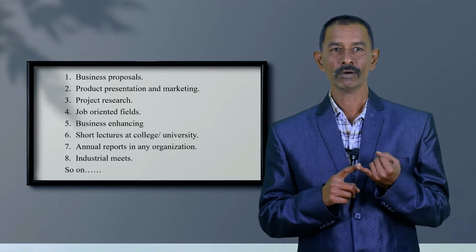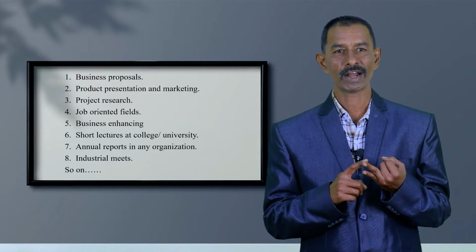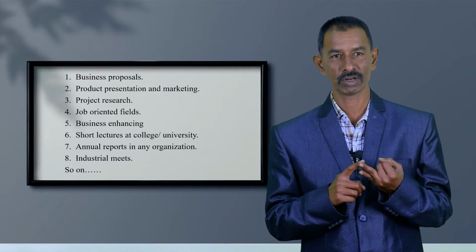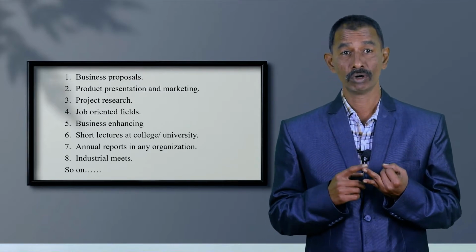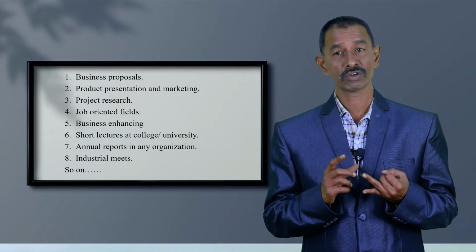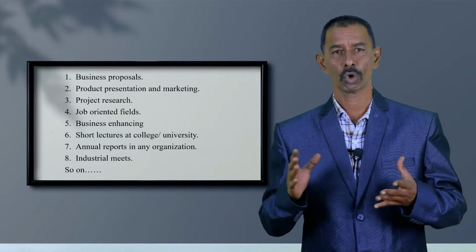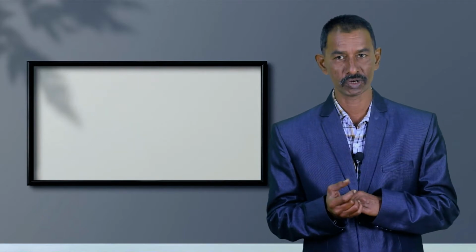Number five, business enhancing. Number six, short lectures at college or university. Number seven, annual reports in any organization. Number eight, industrial meets, and so on. So in those fields, we make the presentation.